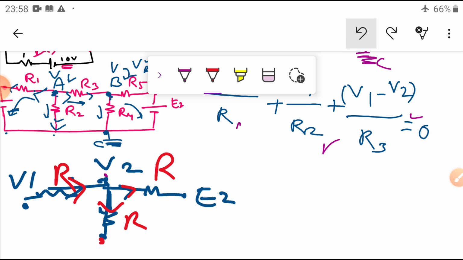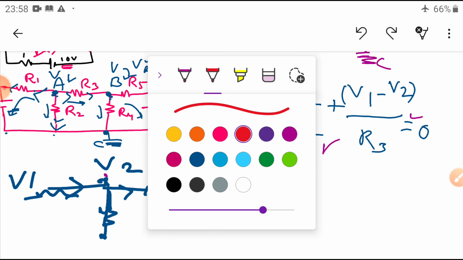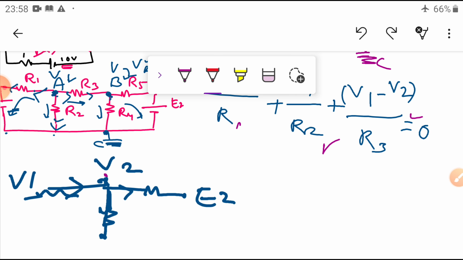Now what are we going to write? Simply see it. This is V1, this is V2, this is the resistance. I want to know the current here. High potential to low potential, because we represented this direction. So the current here is V2 minus V1 by R, for example R1.